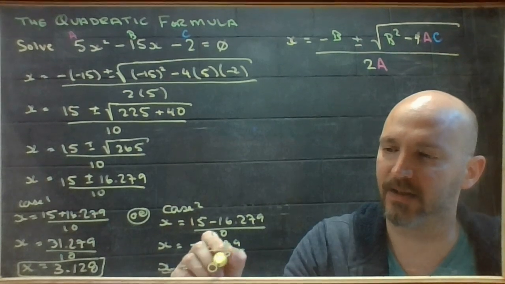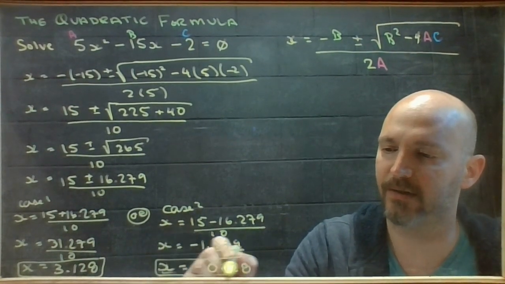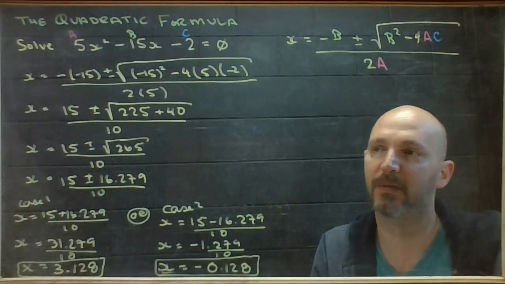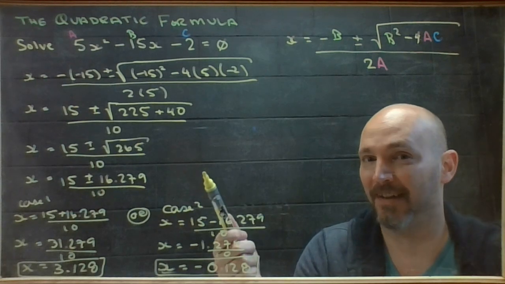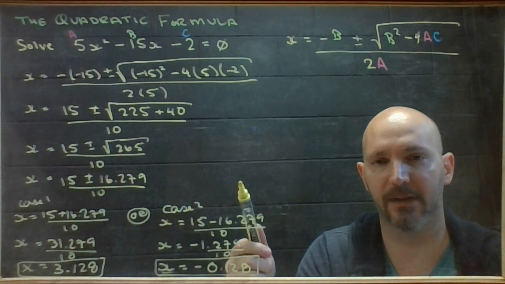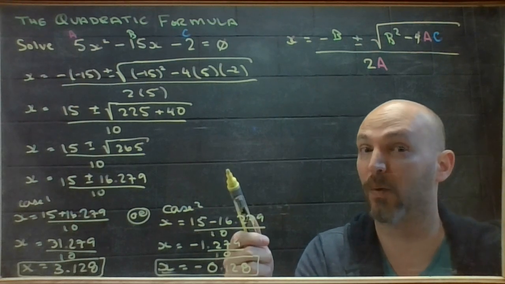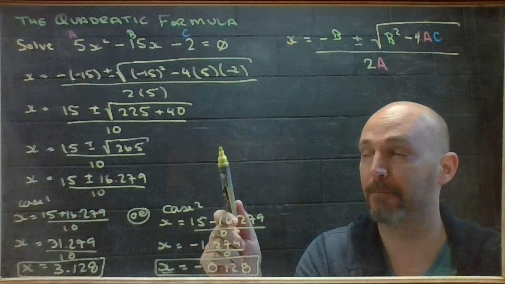X is negative 0.128 if I round 3 digits. There we go. Now, I think that took 2 minutes, which was much better than all the algebra work you had to do in order to complete the square to solve this. So this little tool is very handy.